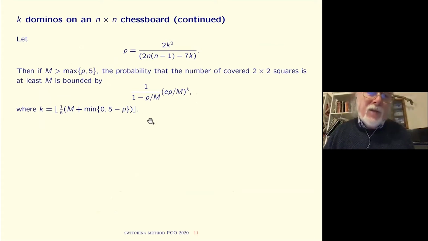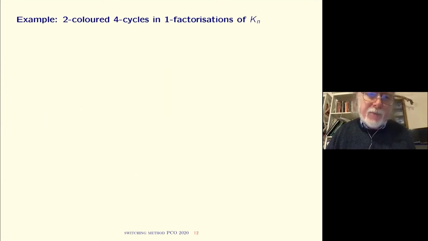So we used almost nothing about the structure of the problem. We just used some simple counts about how far downwards a switching can take us, and we don't care that it can also take us upwards.